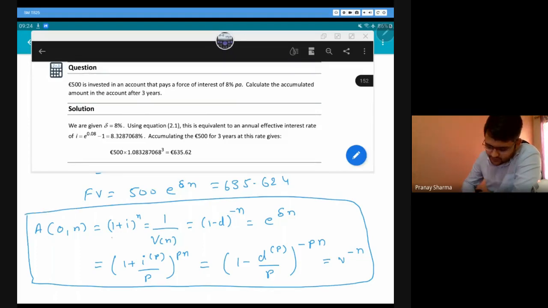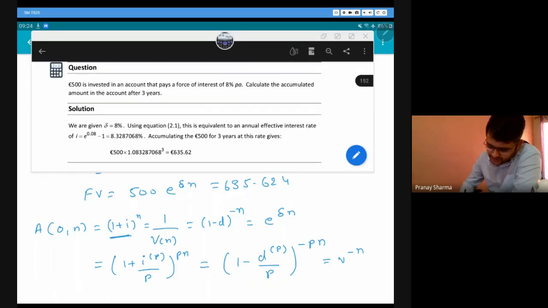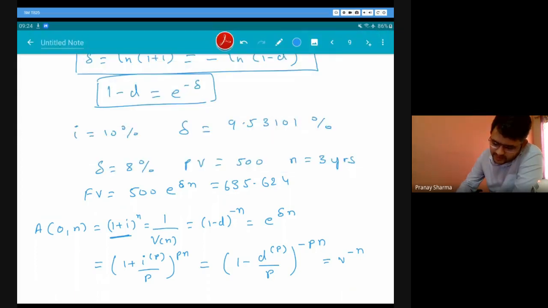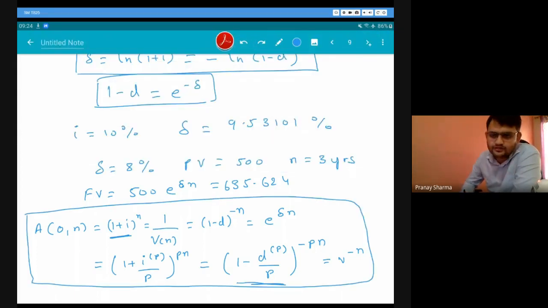This one equation has all the conversions. So you can convert from 1 plus i directly to d^(p) if you want to, using this conversion. But I would not suggest it right now. Later on, when you have practiced it enough, then you can, but now definitely not.